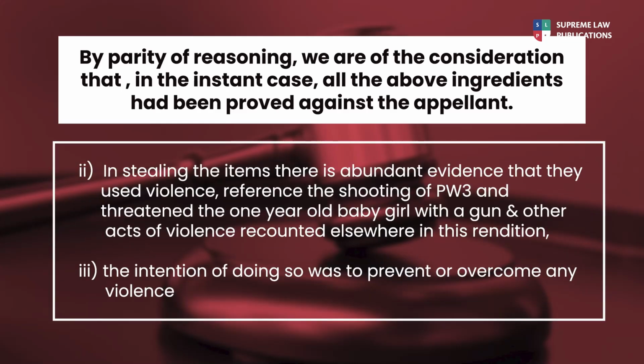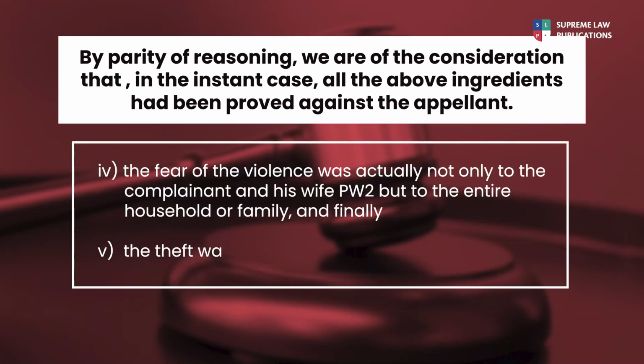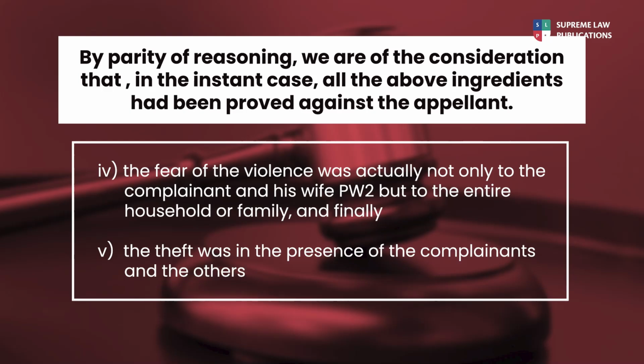In stealing the items, there is abundant evidence that they used violence, reference the shooting of PW3, and the threatening of the 1-year-old baby girl with a gun, and other acts of violence recounted elsewhere in this rendition. The intention of doing so was to prevent or overcome any resistance. The fear of the violence was actually not only to the complainant and his wife, PW2, but to the entire household or family. And finally, the theft was in the presence of the complainants and the others.